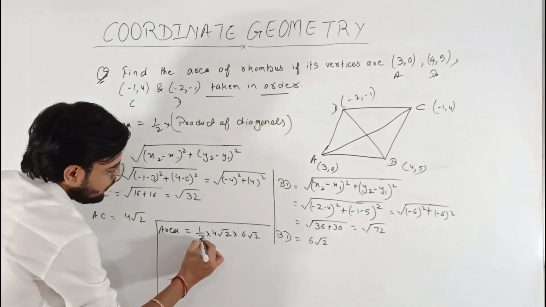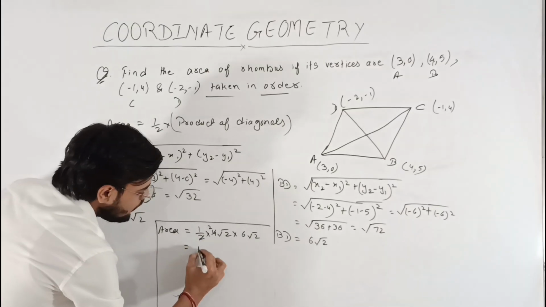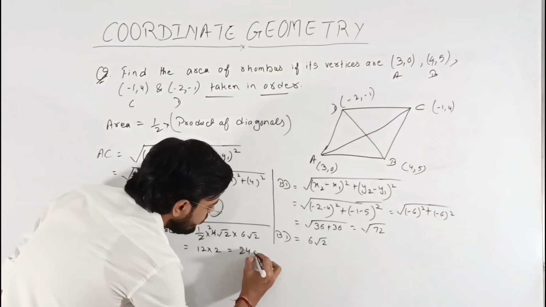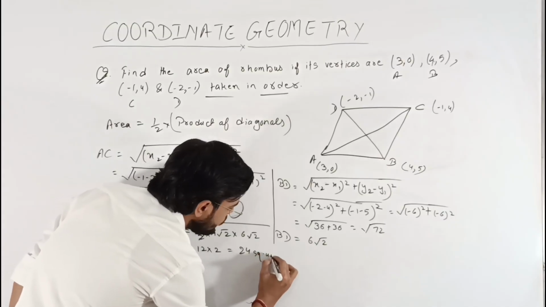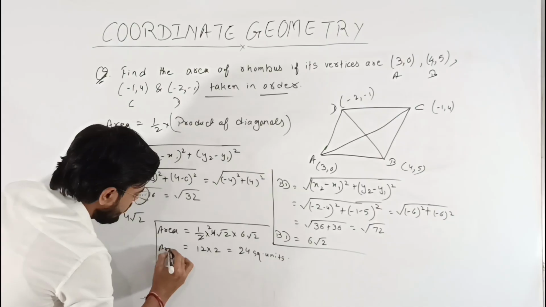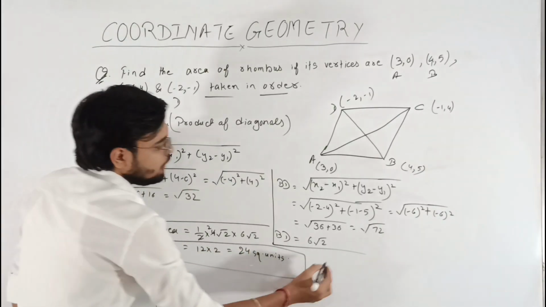Now look here, 4 is cancelled by 2. So what is left? 6 twos are 12 and root 2 into root 2 is 2. So the area is 24 square units. Okay, this is the area of the rhombus, which is 24 square units.